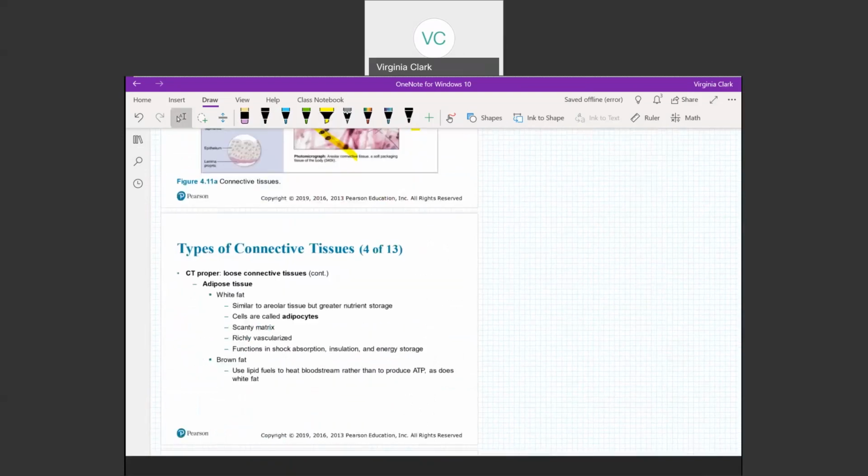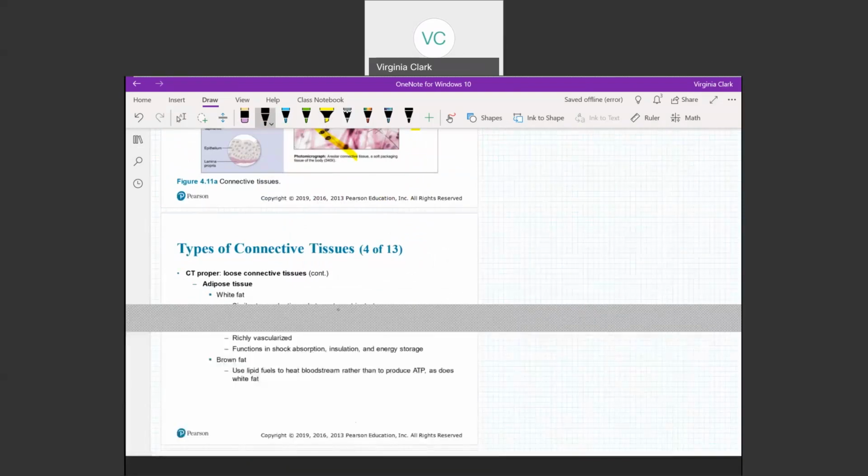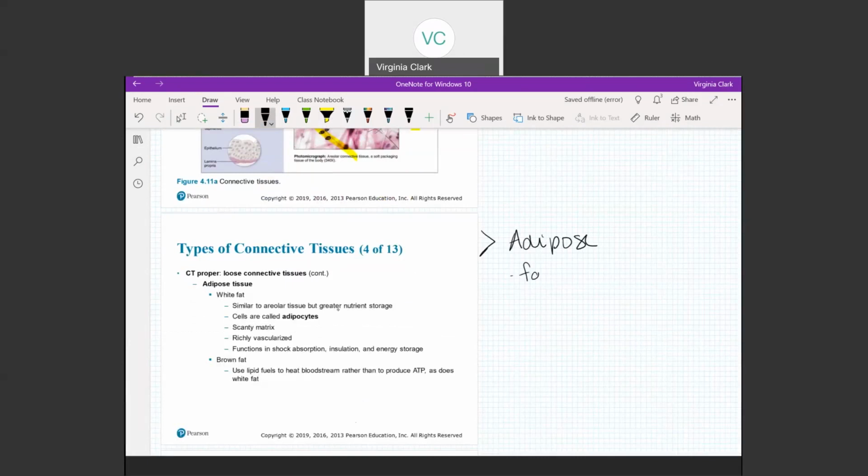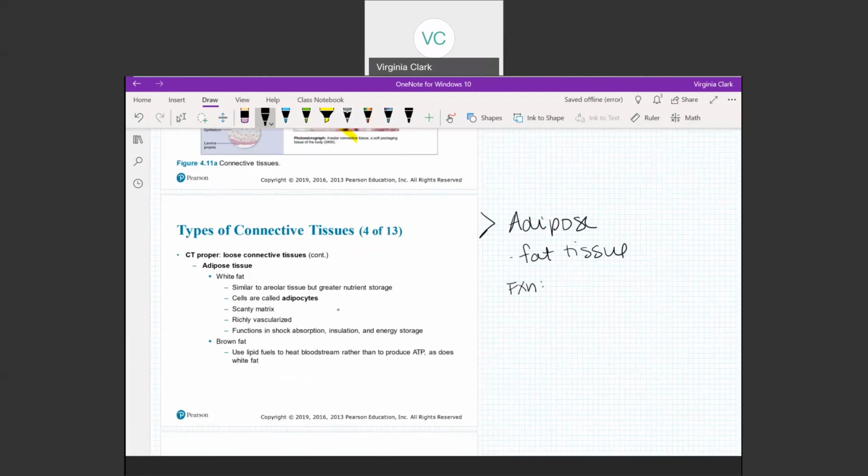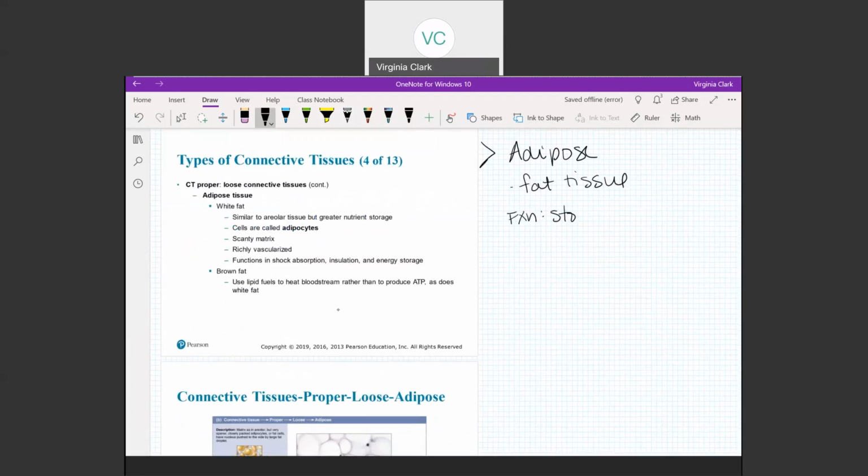Another type of loose connective tissue where ground substance is primary is adipose. Adipose is our fat tissue. The function of our adipose tissue is going to be to store our nutrients. As for the structure, if it's storing nutrients, it will also include a fat droplet, which is going to be a triglyceride.